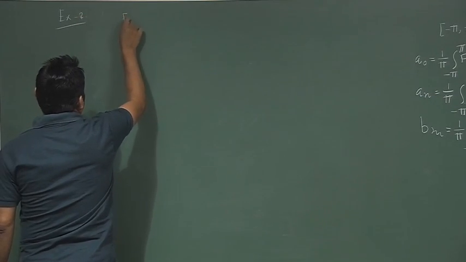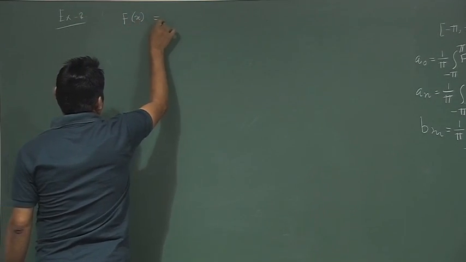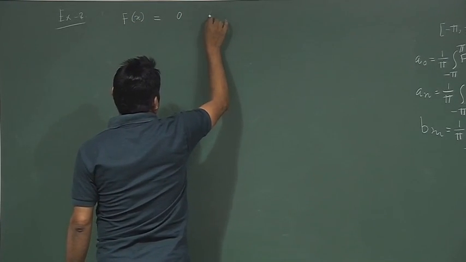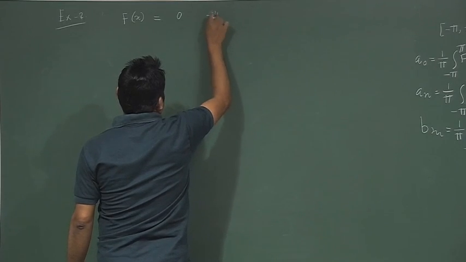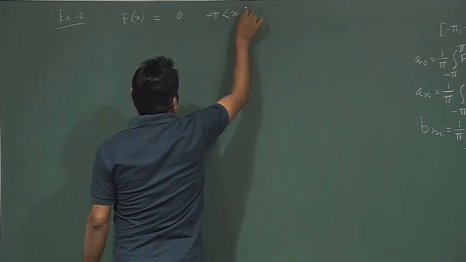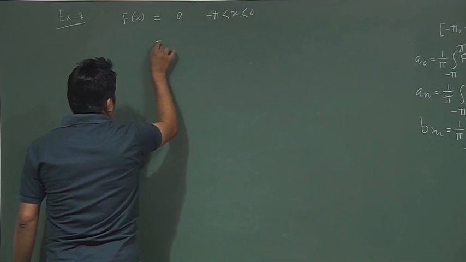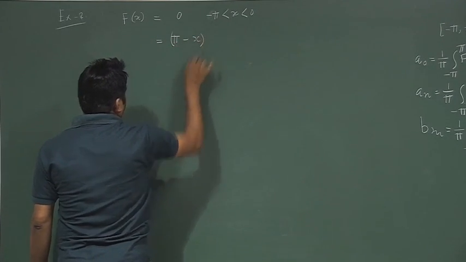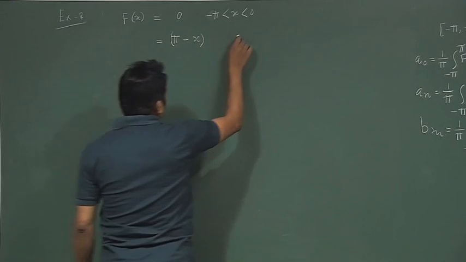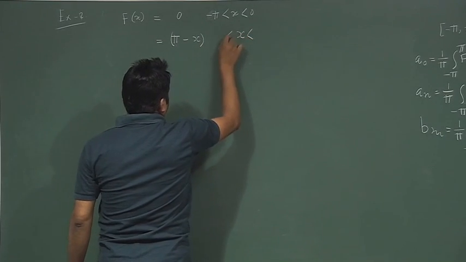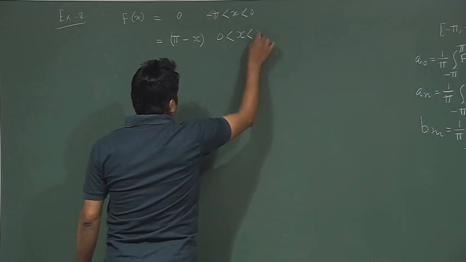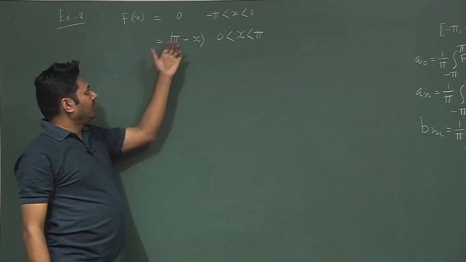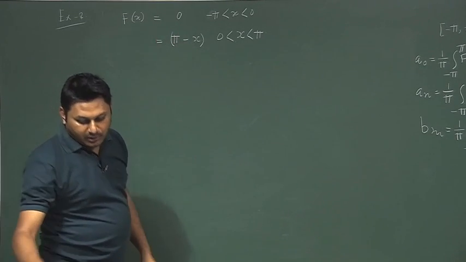Here the function is defined something like this: the function is 0 when x is in the limit minus pi to 0, and pi minus x when x is between 0 and pi. So, before doing anything, we need to find out how the function will look.